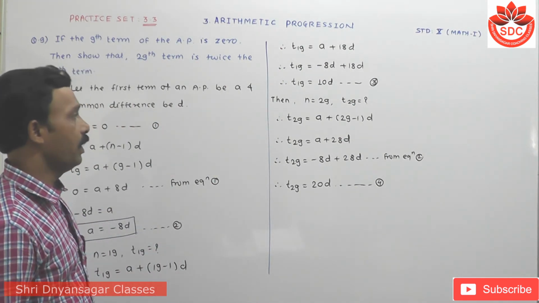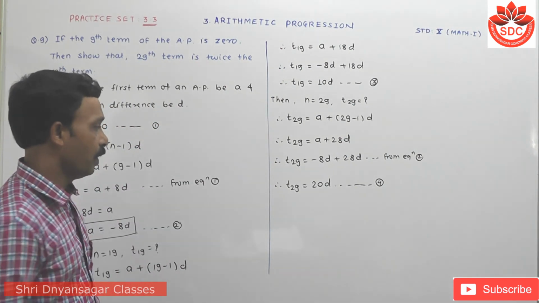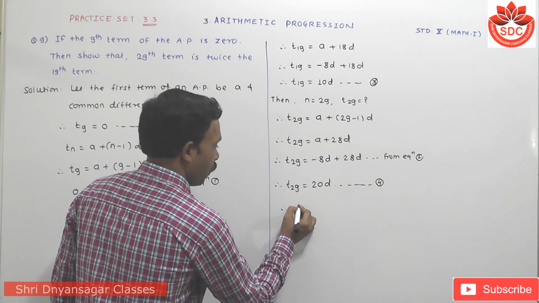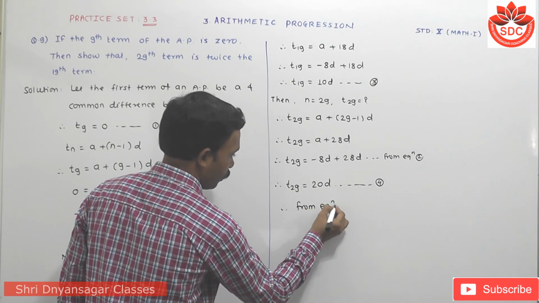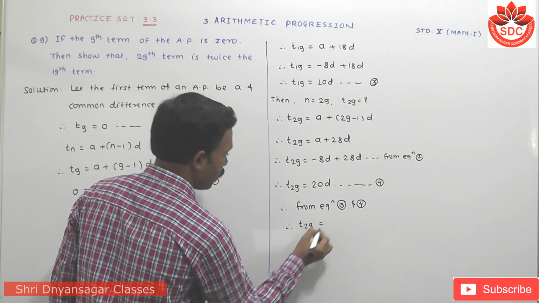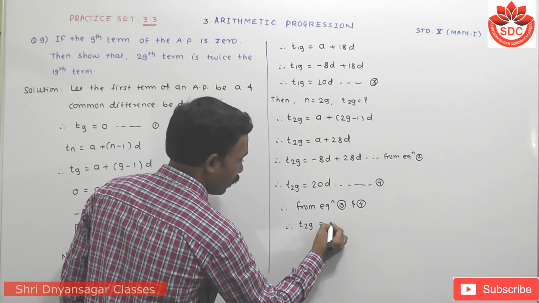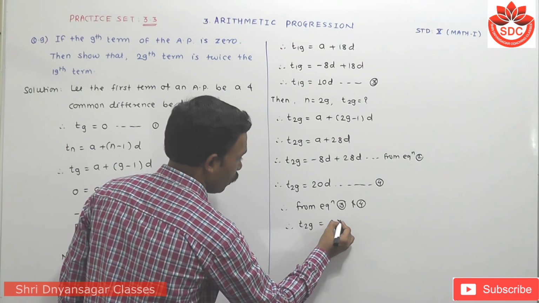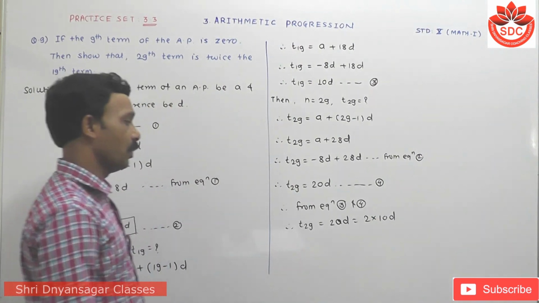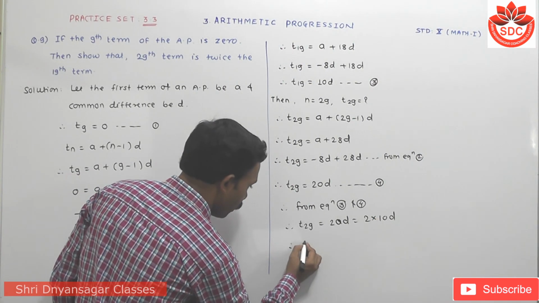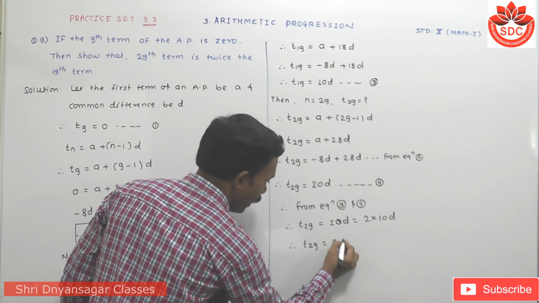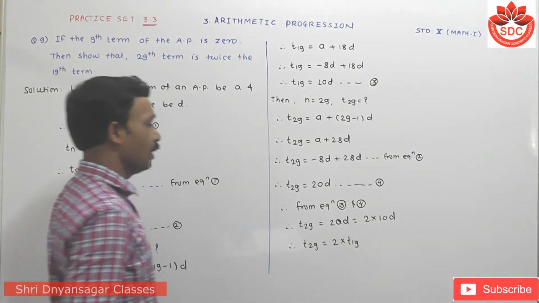Suppose that this is equation number 4. Student, from equations 3 and 4 we observe that T29 is equal to 20D, which is equal to 2 into 10D. So T29 is equal to 2 into T19.